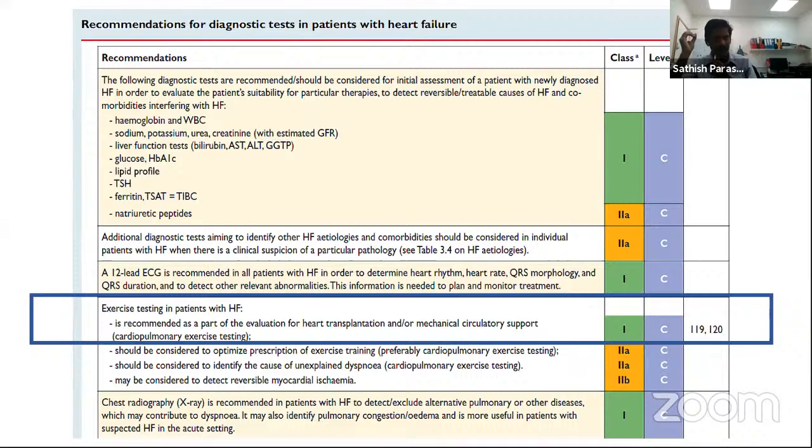Cardiopulmonary exercise testing is pivotal for assessing a patient for cardiac transplantation. It's a class 1 indication, like an ECG, an echocardiogram and a chest X-ray. It's a class 2 indication for exercise prescription in patients with heart failure, and for patients with breathlessness it is a class 2A indication. So it's a strong indication there.